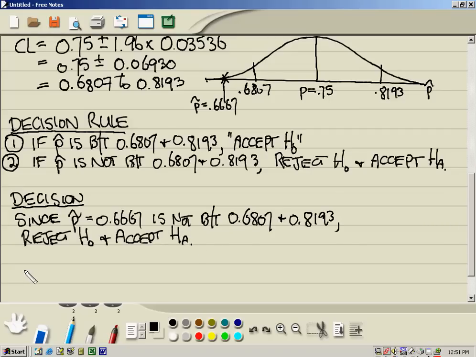And that's it, except for interpretations of these decisions and a cleaning up of the business of accepting the null hypothesis.